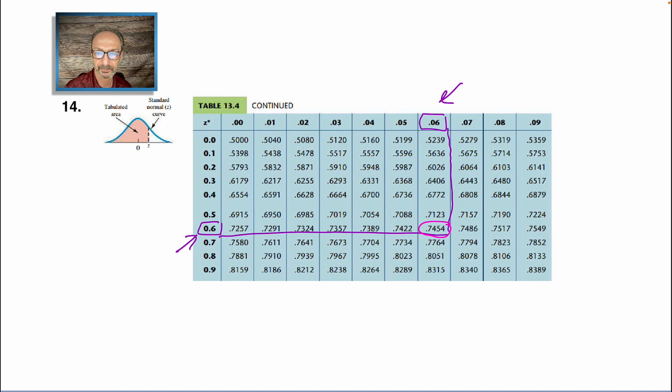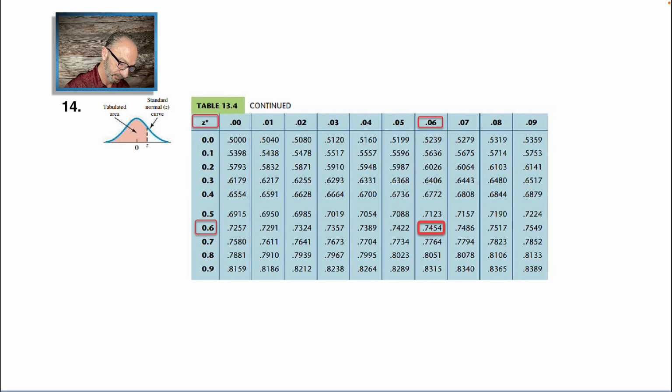That's how we read it. 0.7454, as a percent, 74.54%. If they want what percentage of the population lies to the left, they're just saying percentage. They're not saying to the nearest tenth, so we're good.